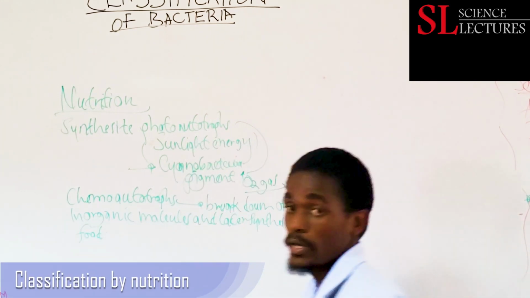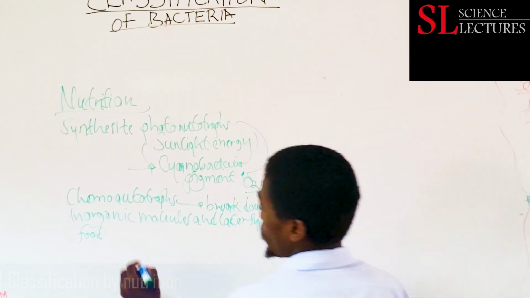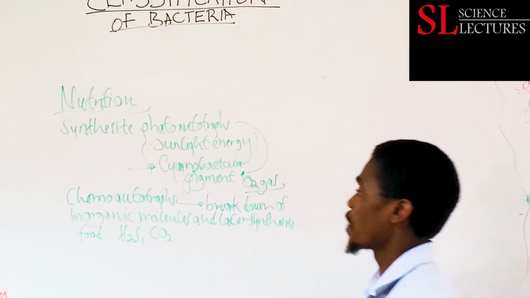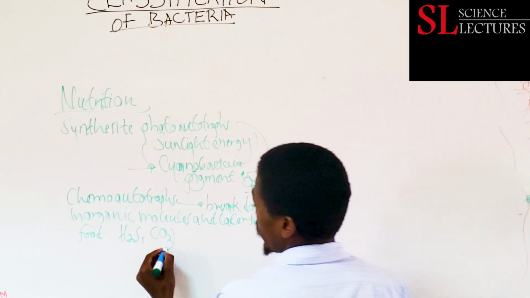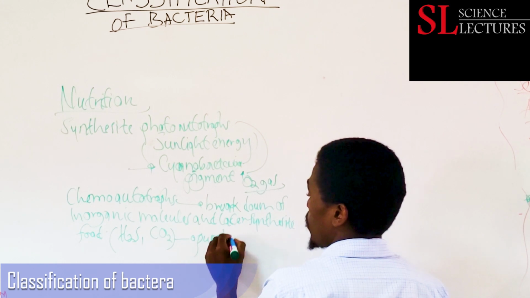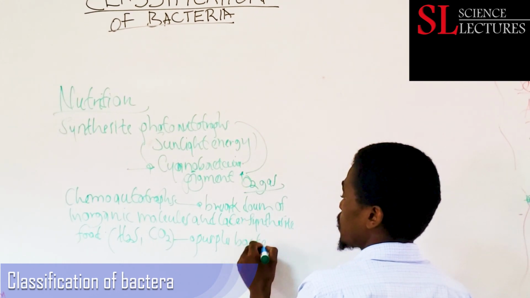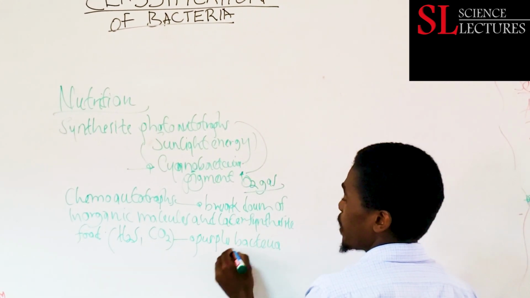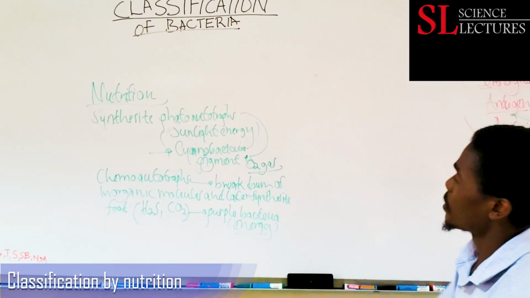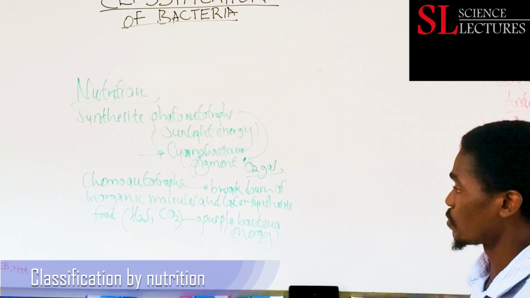What are the inorganic chemicals we are talking about? For example, hydrogen sulfide, carbon dioxide as the inorganic molecules that can be broken down by the purple bacteria, such that this purple bacteria obtains the energy to synthesize the food. So some bacteria can be chemoautotrophs.